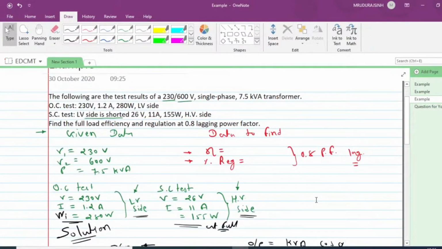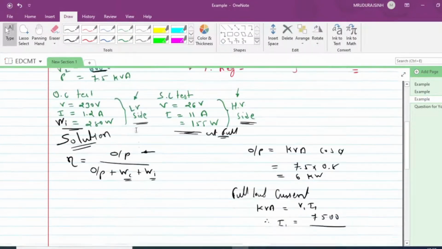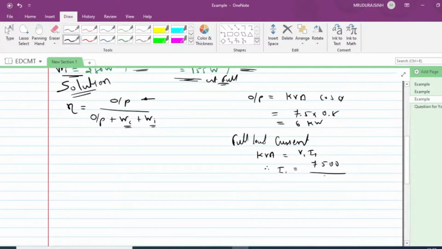The primary voltage is 230 volt, but the reading we are getting here is referred to the HV side, and we want to calculate the current referred to the HV side, and the voltage of the HV side is 600 volt.